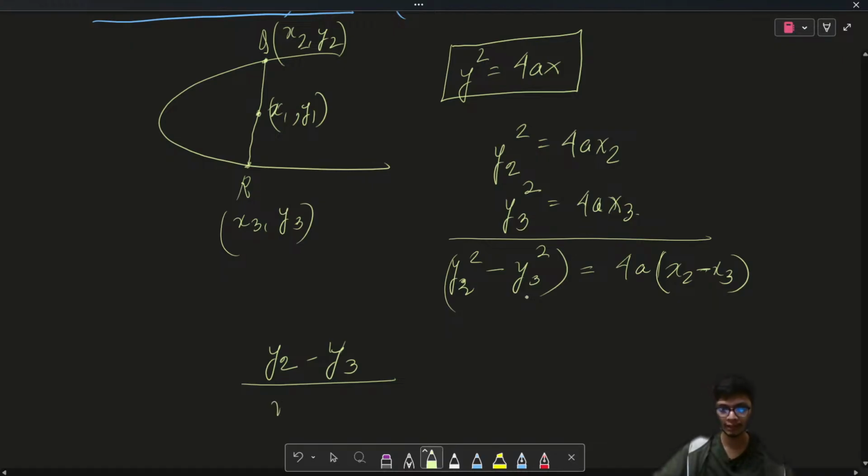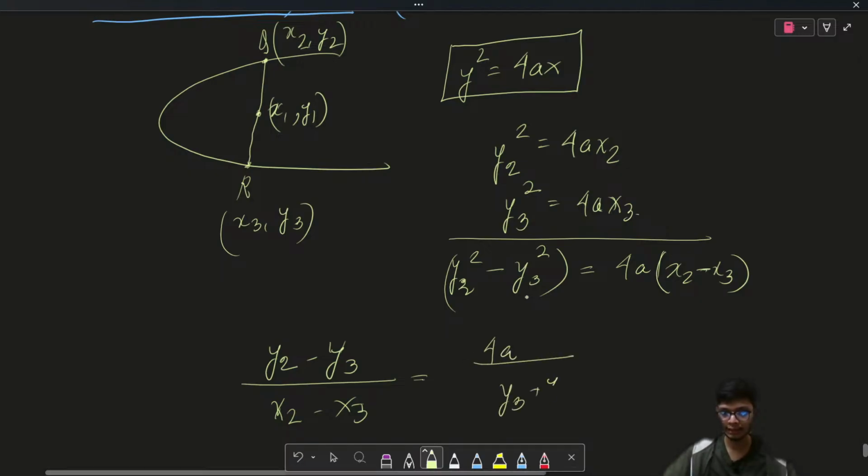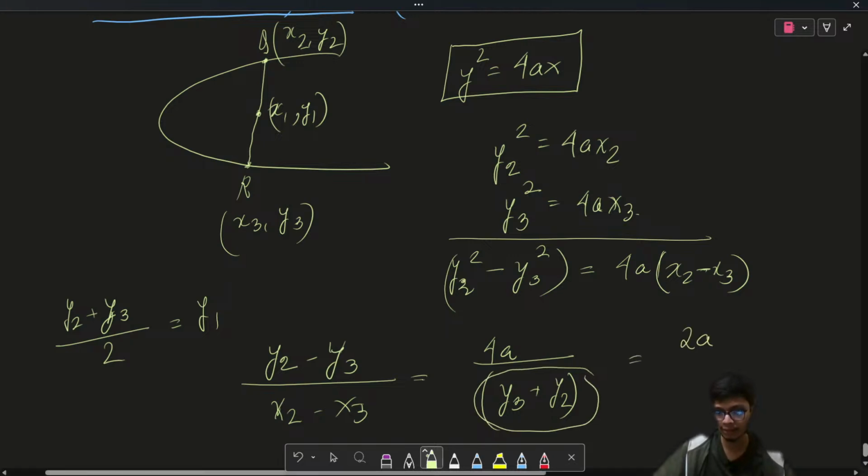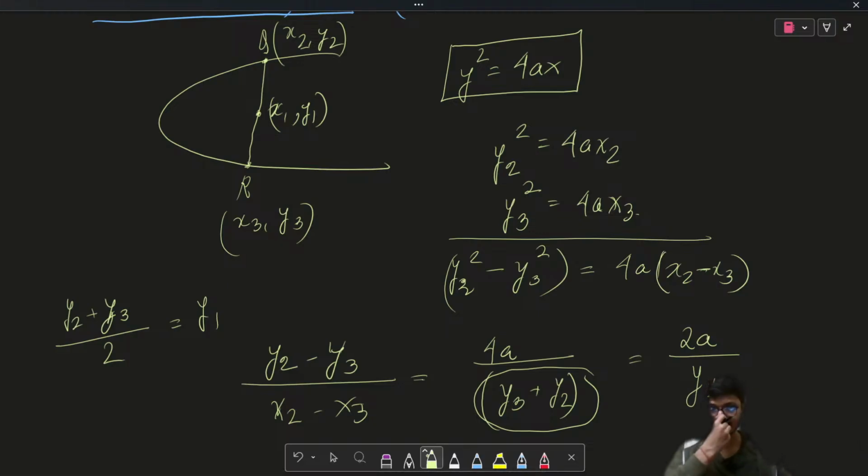So y2 minus y3 divided by x2 minus x3 is equal to 4a divided by y2 plus y3. By the midpoint formula, y2 plus y3 by 2 is equal to y1. So from here we can write this value as 2a by y1.